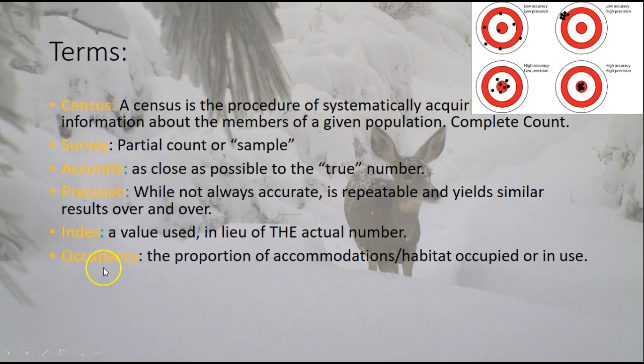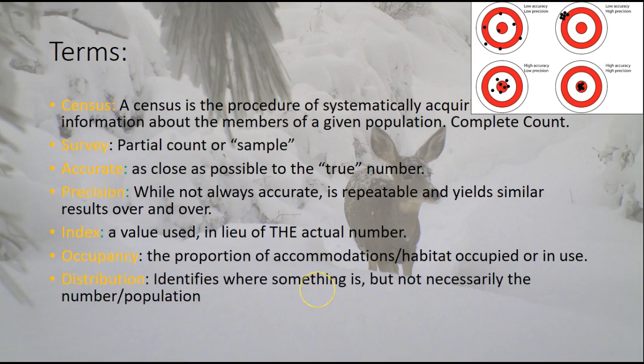Occupancy, we did this with our prairie dogs, right? But that's looking at the proportion of either accommodations or a habitat that is in use by the animal or occupied by that animal. Then we can get an idea of the overall area that is covered by that animal. And distribution, it's looking at where something is, but it's not necessarily looking at the number or the population.